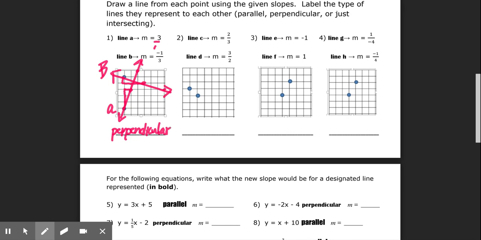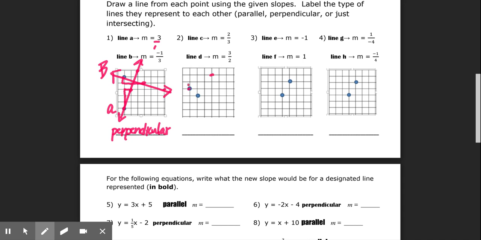All right, let's take a look at problem 2. So line C is 2/3. And then line D is 3/2. So since line C's numerator is smaller, we're going to use this point here. So we're going to go up 2 over 1, 2, 3.